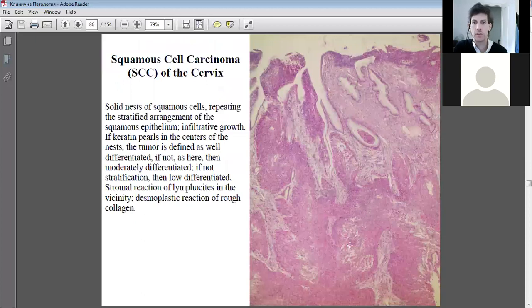This is just a more magnified area. The solid nests of the squamous cells are towards the top of the slide of the tissue. This is the lumen of the cervix. The nest area is here. This is the nest area here. And the whole of the epithelium has been changed, if you like.